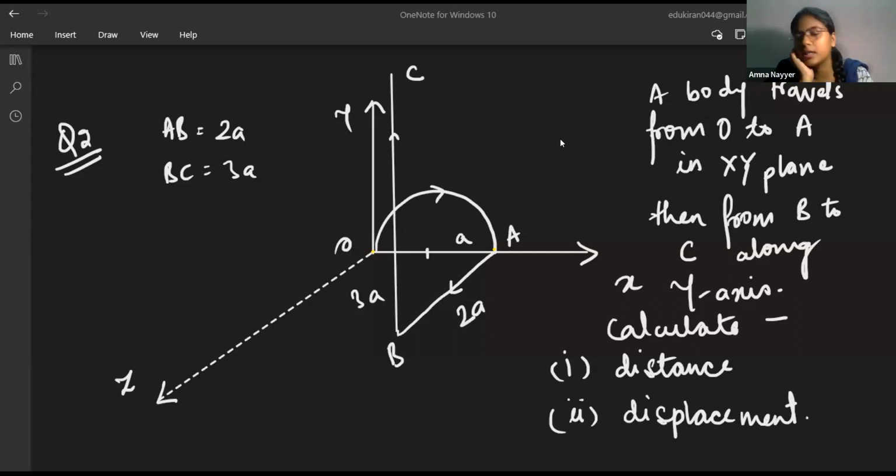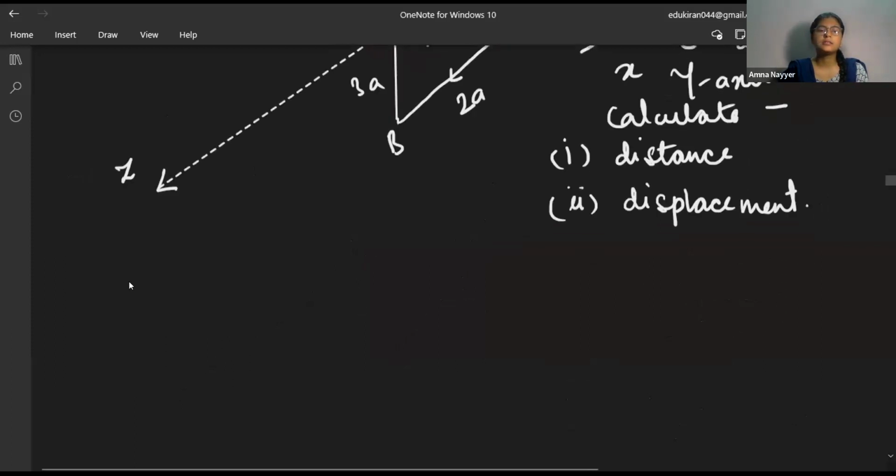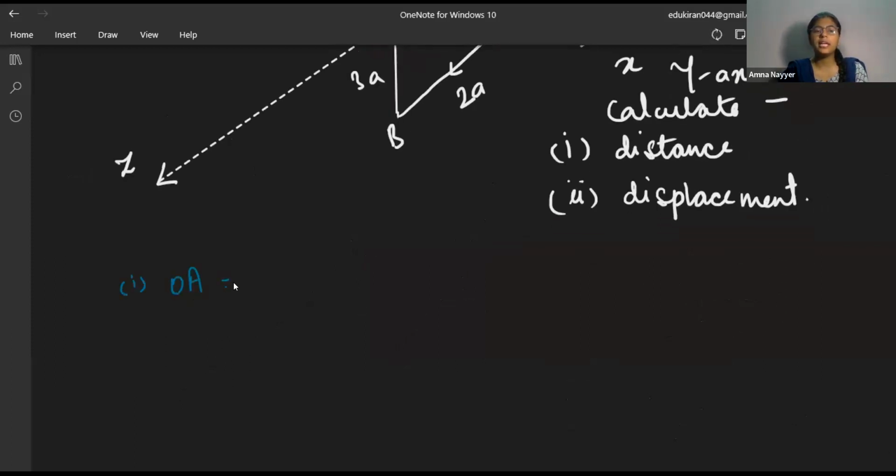A semicircle is half of a circle. So 2 pi r divided by 2, that is pi r only. And what is the radius here? Here the radius is given as A. So from O to A, I'm just talking about distance currently. So O to A, this becomes pi A only.